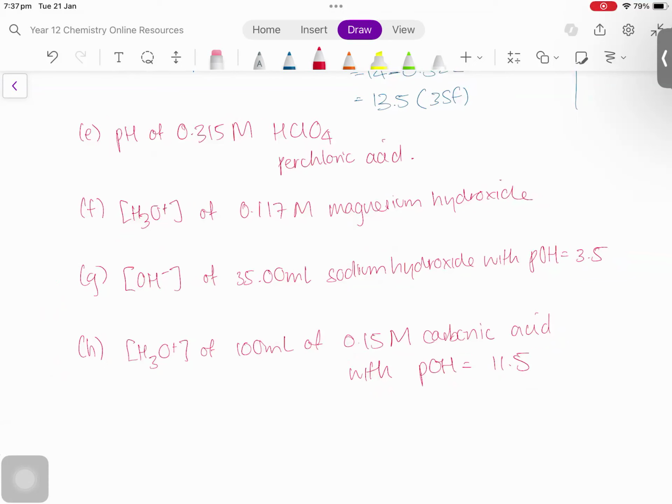Perchloric acid is strong. I said when we started these practice questions, if it was weak, you'd have to use K values and you'd have to use an ice table. Because I haven't given you that information, even if it was weak, you wouldn't be able to do the calculation anyway. So you can make the assumption that it's strong. That's how you could figure it out in an exam context if you weren't sure.